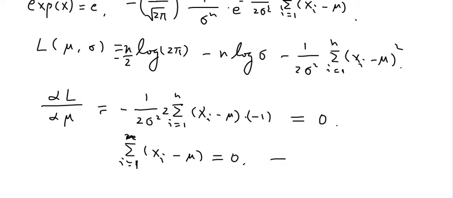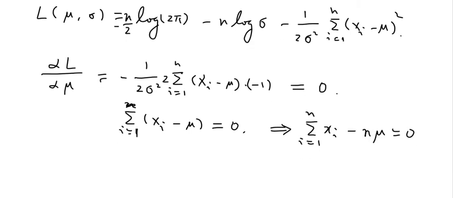We expand: the summation of xi, i from 1 to n, minus the summation of mu, which means mu plus mu, n times, equals 0.